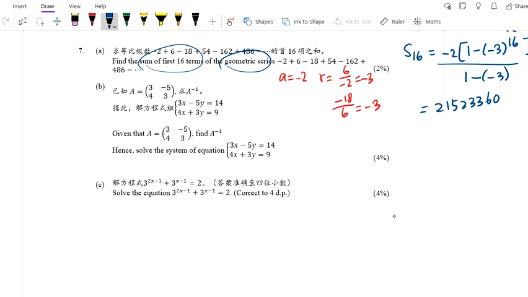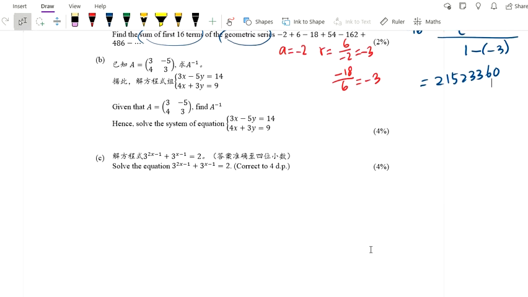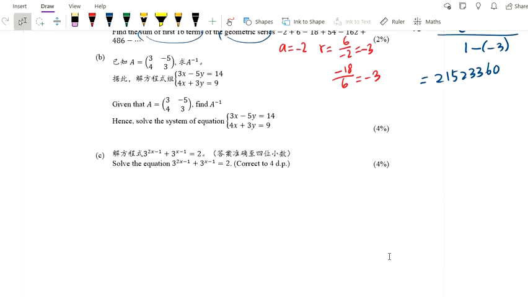Okay, question number 7 is a matrix question. It's your Form 5 math. We want to find the inverse matrix of it. Then we use the inverse matrix to solve this system of equations. So for question B, A inverse is 1 over 3 times 3 minus 5 times 4.